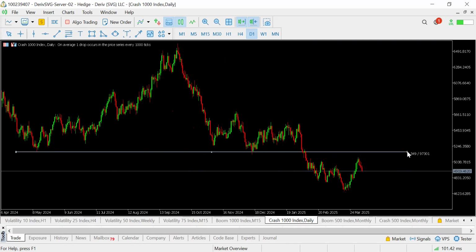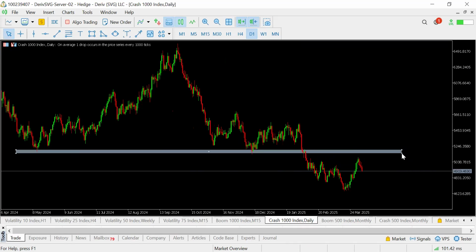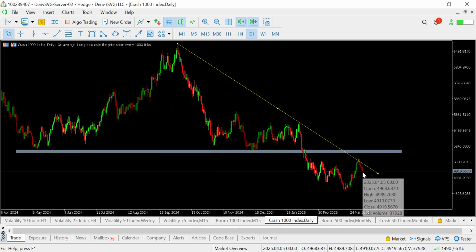So if you try to make it look like you are smart, you will end up losing your money. So we can see that the market is still in a downtrend. Price made a third touch of this trend line and started retracing downwards. But we said that our major focus is still this place.